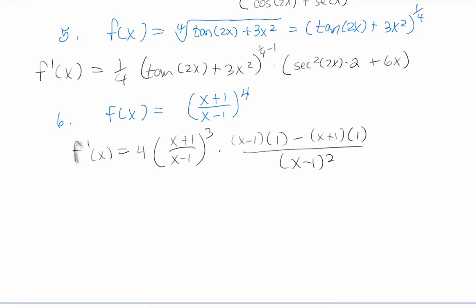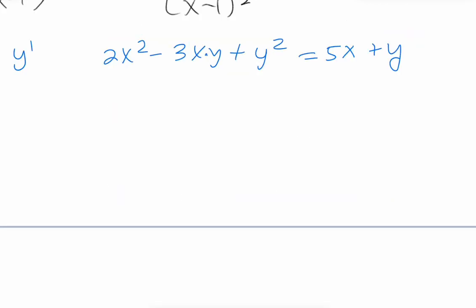Okay. So now let's do an implicit. So let's say we have this. Okay, so we've got this function, and it's really difficult for us to be able to explicitly solve it for y.